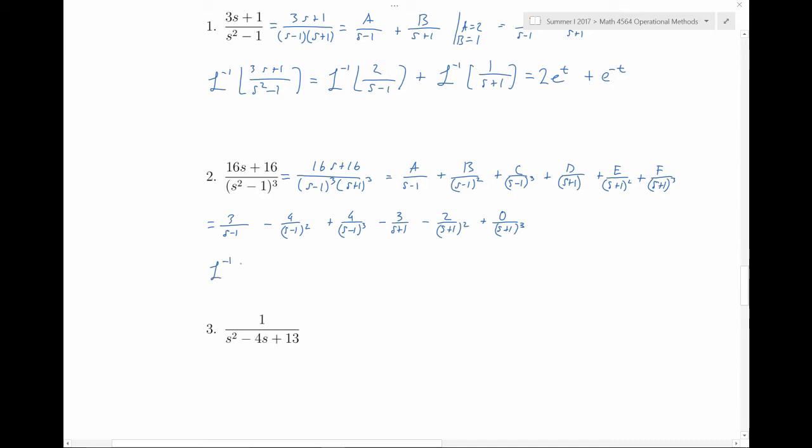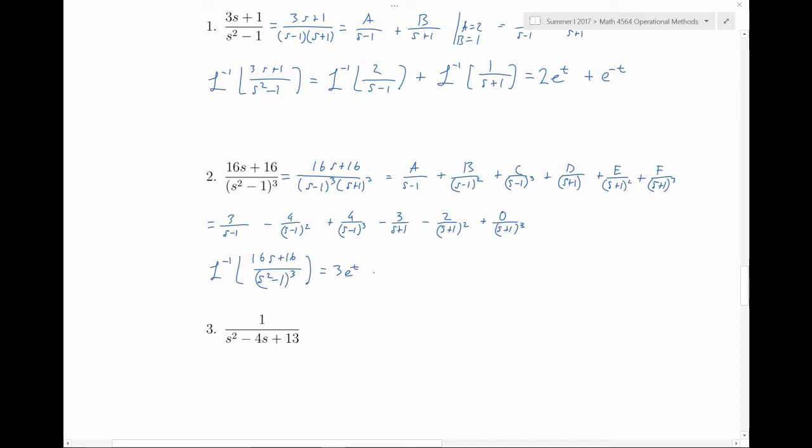So the inverse Laplace transform is going to be simply 3e to the t. I have to be a little bit careful with the other terms.